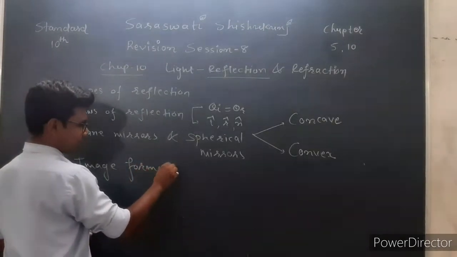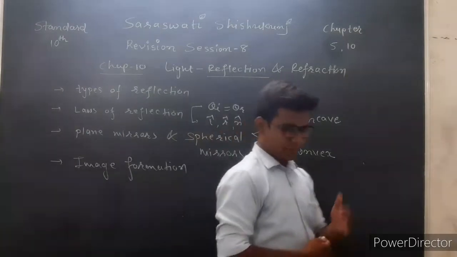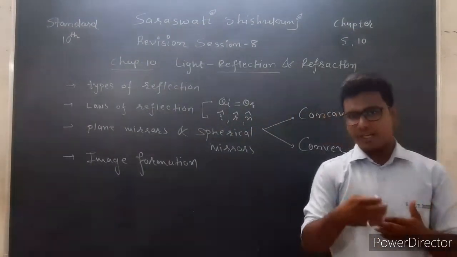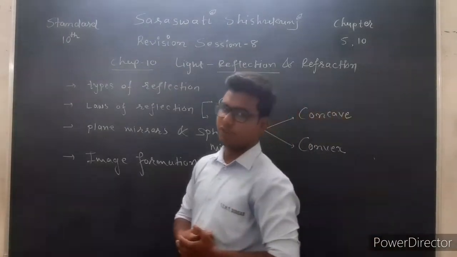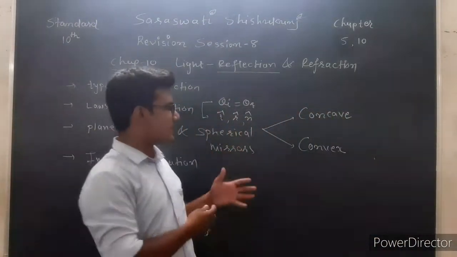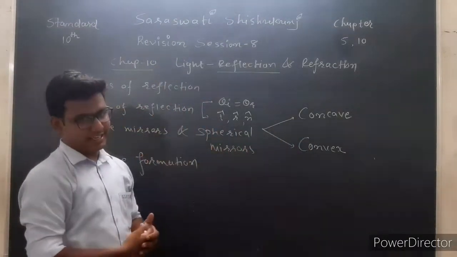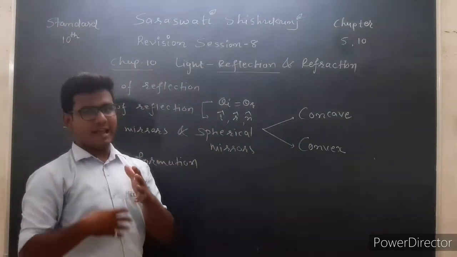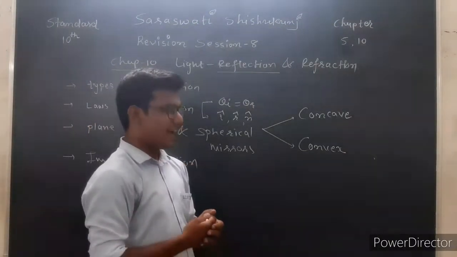In the previous revision session of chapter number 10 we have discussed image formation, and in the regular sessions also we have discussed image formation. So in this session I am not going to explain image formation in detail, right? Already you have prepared and drawn it. You have to practice it at home.